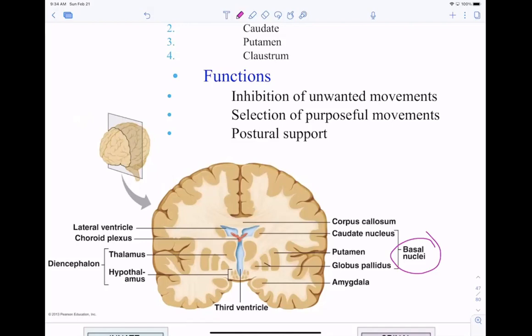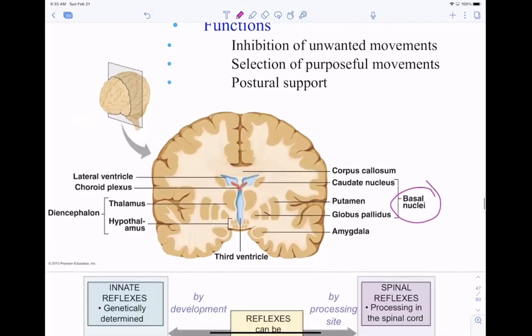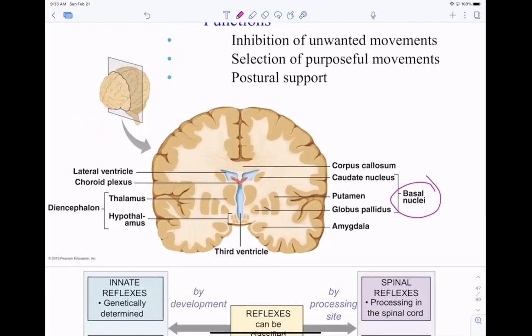With Parkinson's, you stop having this neurotransmitter being produced in the midbrain. That neurotransmitter is responsible for inhibiting unwanted movements in the basal nuclei. And so you have tremors or unwanted movements happening. So if you go further into medicine, you can learn about this.